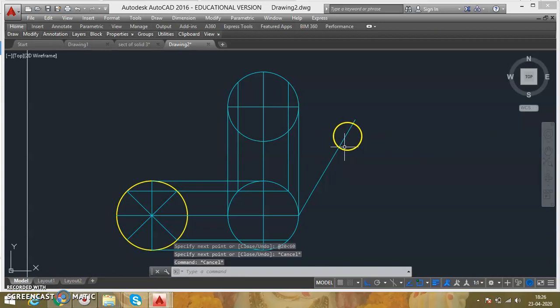So what we did, we have just drawn a line at an angle of 60 degrees and just divided that line into 4 equal parts. So we have drawn basically an 80 mm line. So 20 mm, 20 mm, 20 mm, and 20 mm, like that.